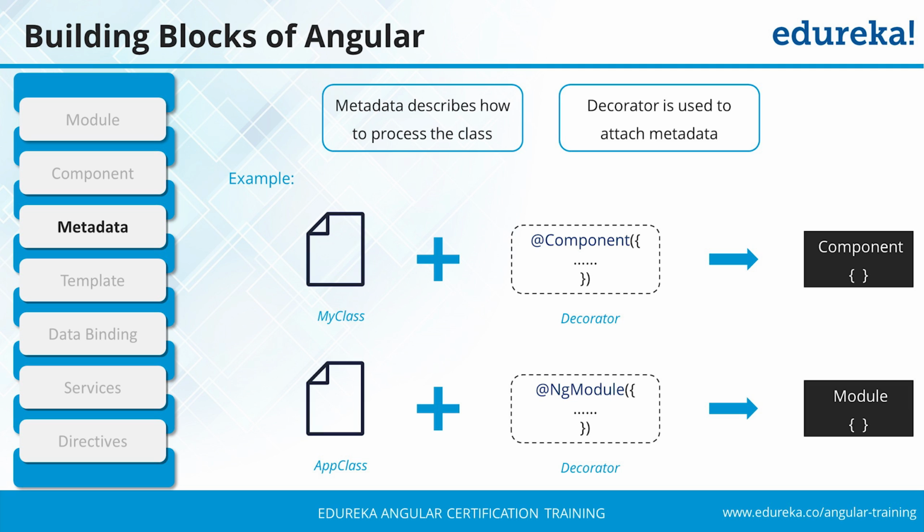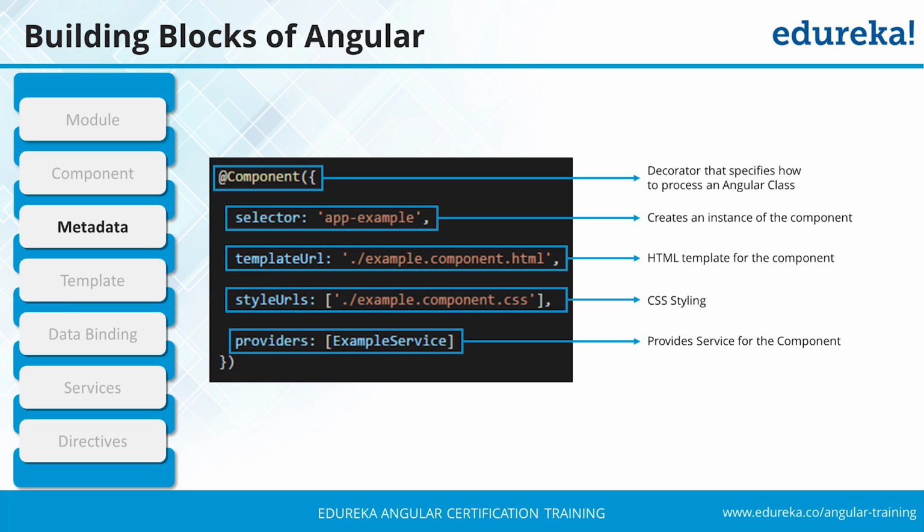The component annotation is the one that takes the metadata and creates that binding. So an annotation combines your class and your template. The NgModule annotation is going to combine your application module class as well as your actual module metadata and create an application. So we saw selector, templateUrl, styleUrls, providers.